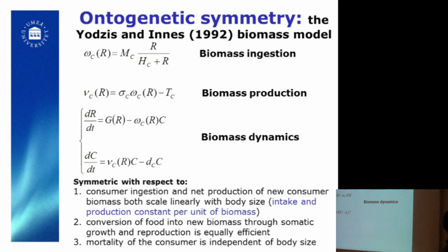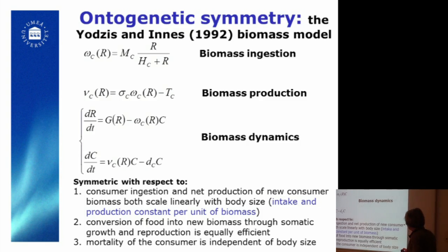What do I mean that this represents a case with ontogenetic symmetry? Well, that relates to consumption, consumer ingestion and net production, these two terms of new consumer biomass in this equation system, both scale linearly with body size. That is, intake and production is constant per unit of biomass.